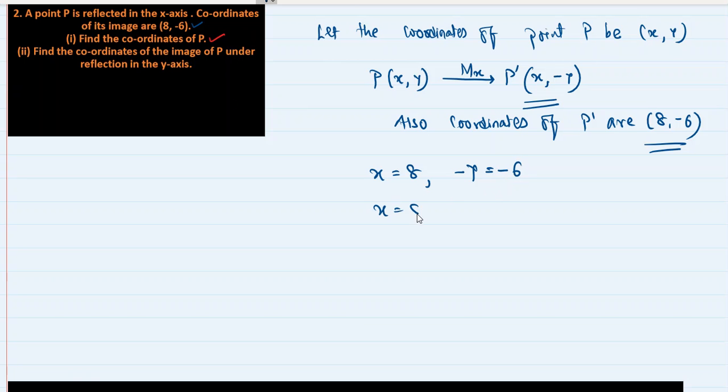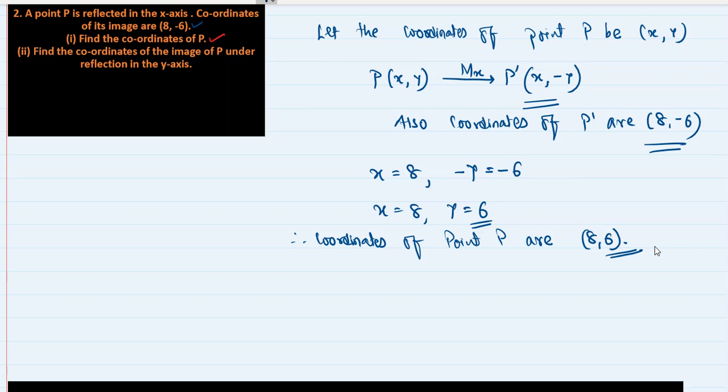So x = 8 and y = 6. So what are the coordinates of point P? Therefore, the coordinates of point P are (x, y), which is (8, 6). Right? So this is how you write it.